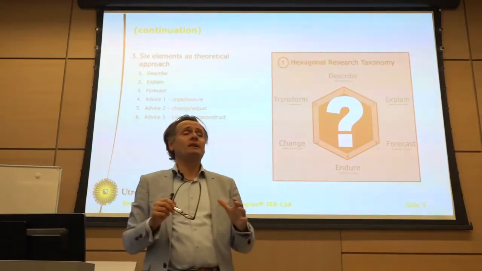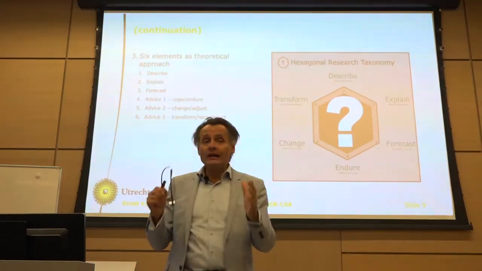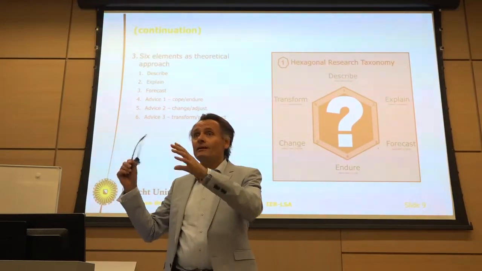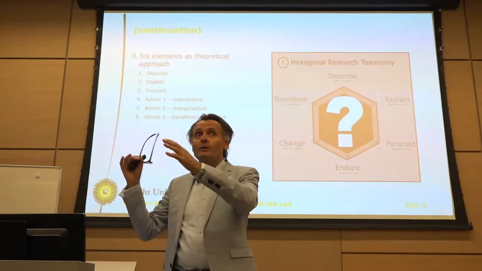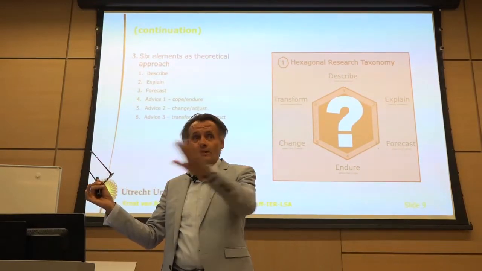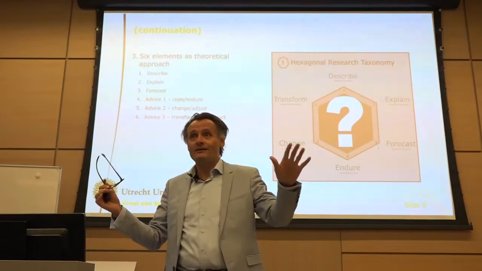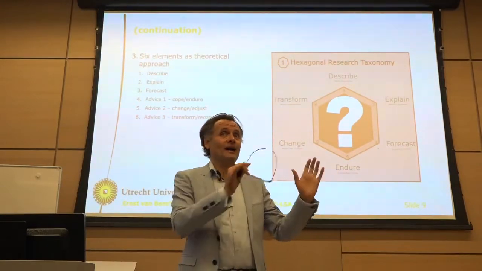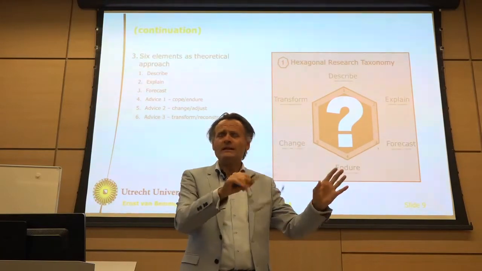A description like a journalist looking into a situation and making pictures and describing what he or she is seeing. No emotion, no thinking, just diary or journalism like, I see this. That's one.